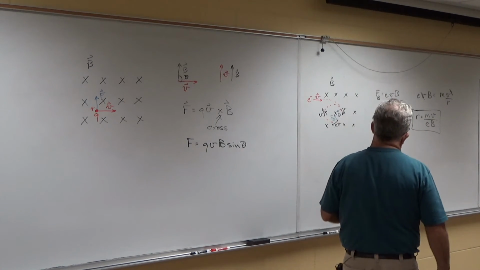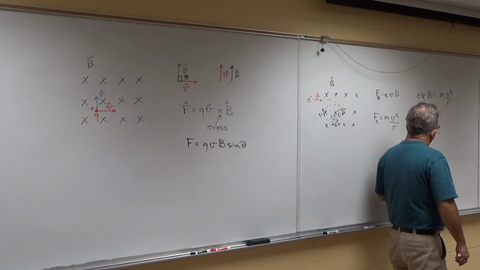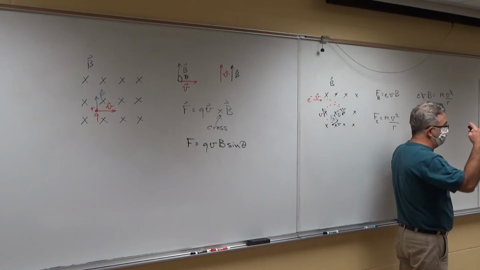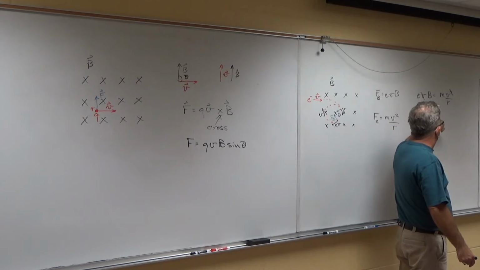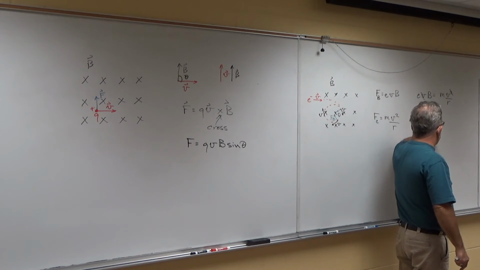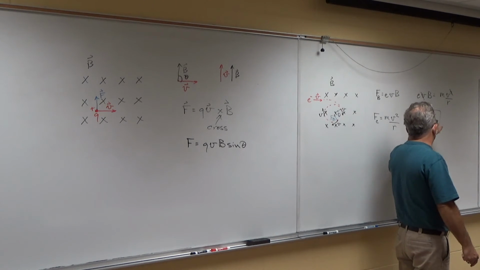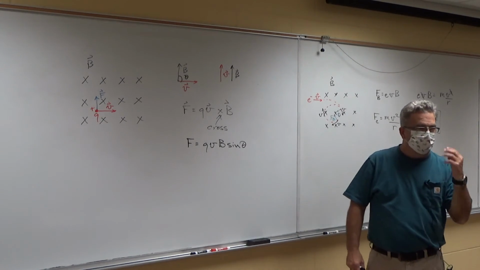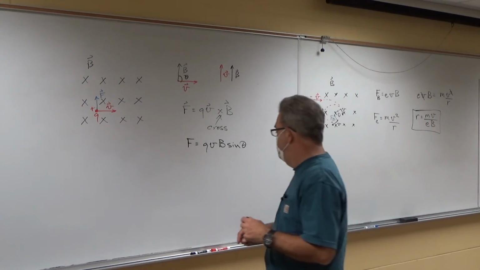Looking at this, if you increase the mass, you increase the radius of this orbit; you increase the velocity, you increase the radius; you change the charge, or change the field. So it's dependent on those four things.